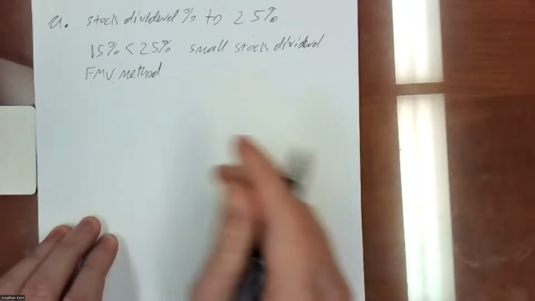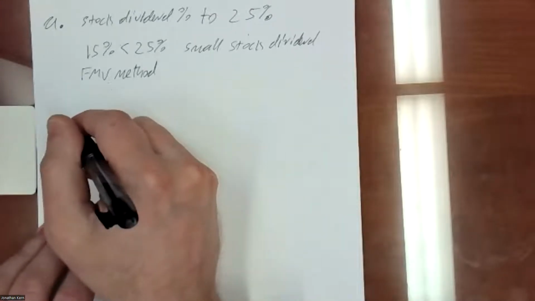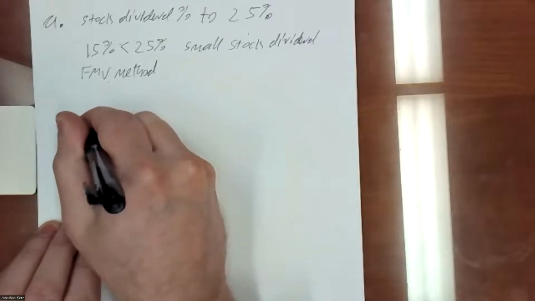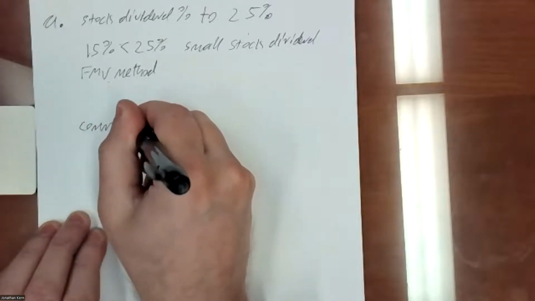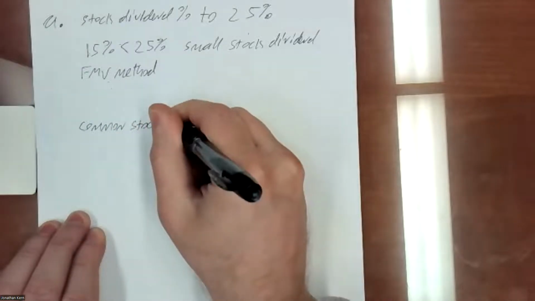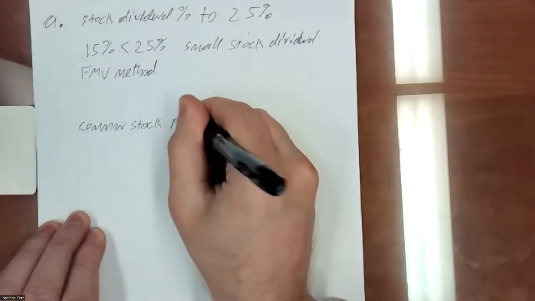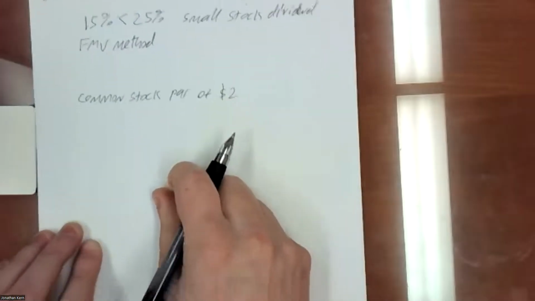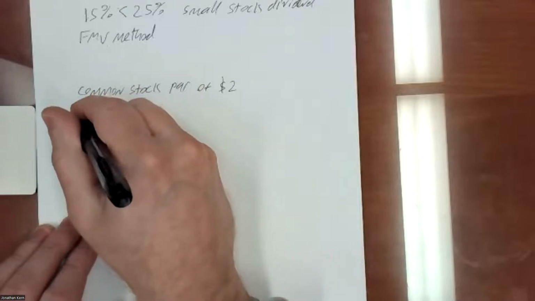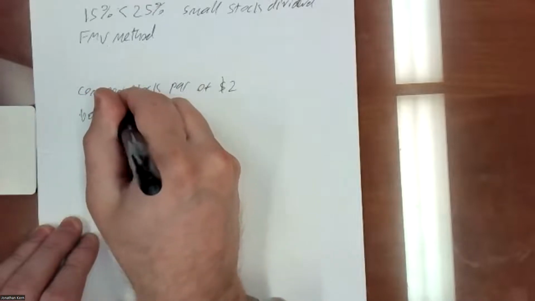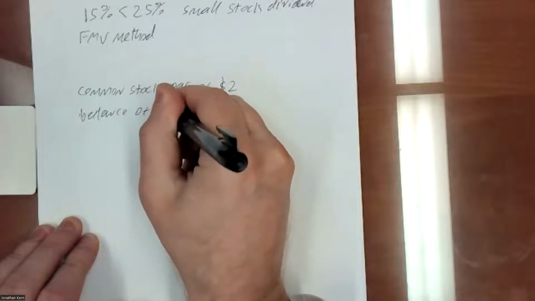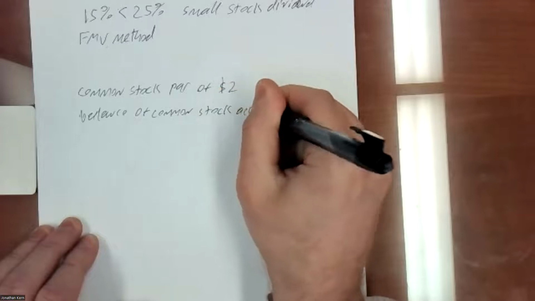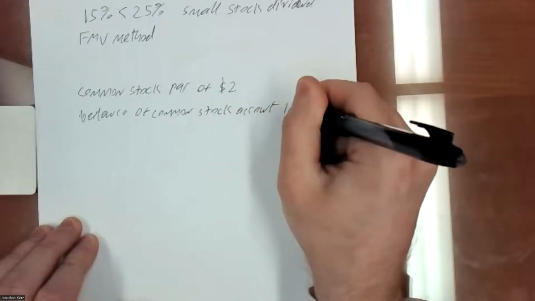On this problem, we have to work backwards a little bit. We don't know how many shares of common stock there are, but we know that the common stock has a par value of $2. We also know the balance of the common stock account is $1 million.